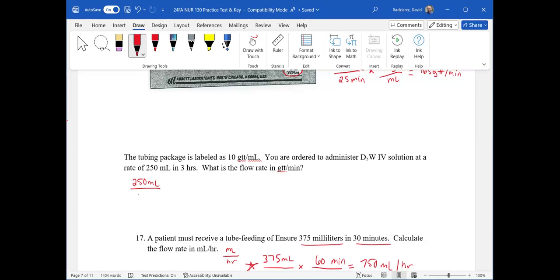So 250 milliliters, 3 hours, times your flow rate, or your drop factor, I'm sorry, which is 10. Your milliliters are gone, which is good, but you're in drops per hour. So before you do any calculations, you need to convert hours to minutes.